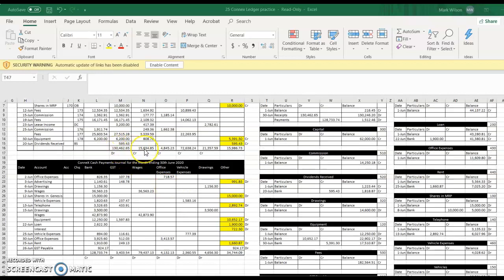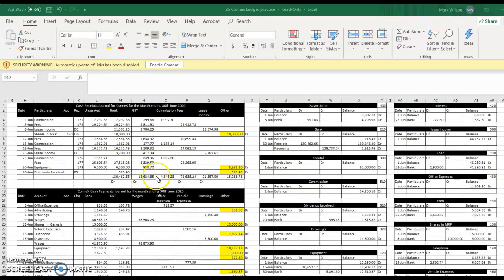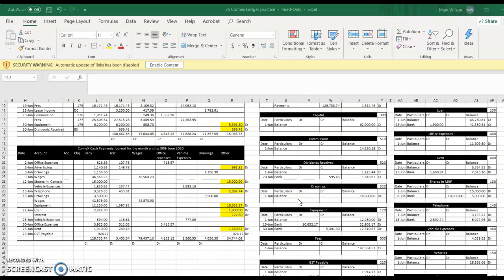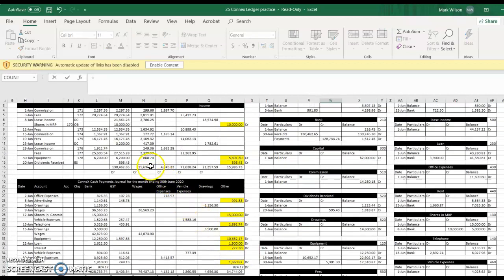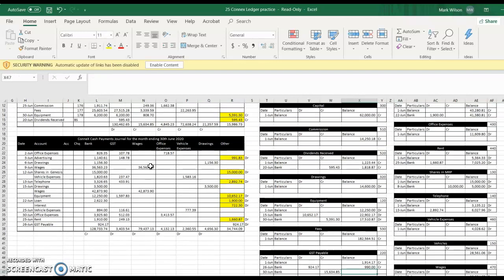Over here we're going to do this one. Again, GST, commission fees. I'll do the GST one with you. Where are we? GST. 30th of June. Bank. And that's this figure here. So we just owe a bit more in that case.